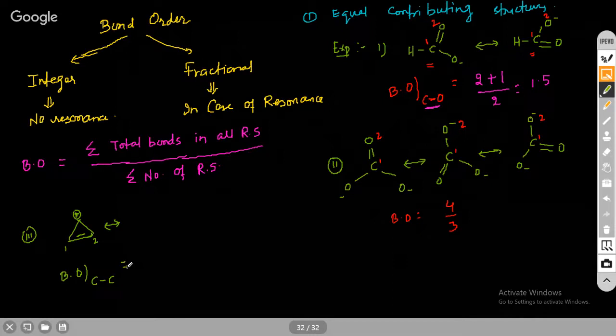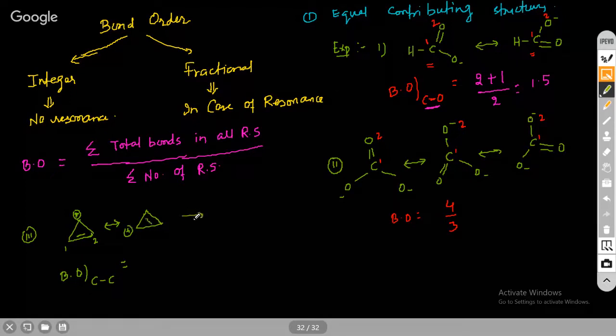How many resonating structures are possible here? 3. Right. So bond order will be what? 2, 3 and 4. So again it is 2 plus 1 divided by 3 resonating structures. So 4 by 3. Right.